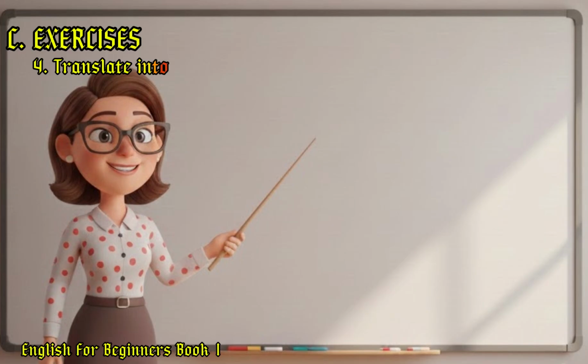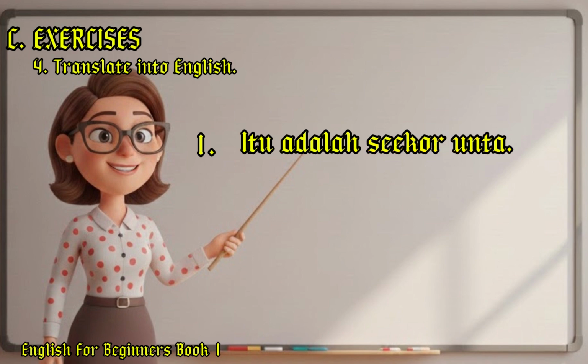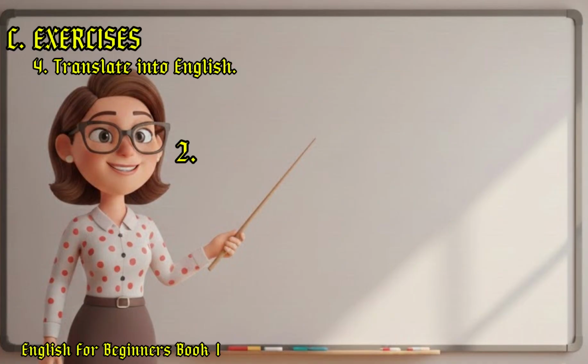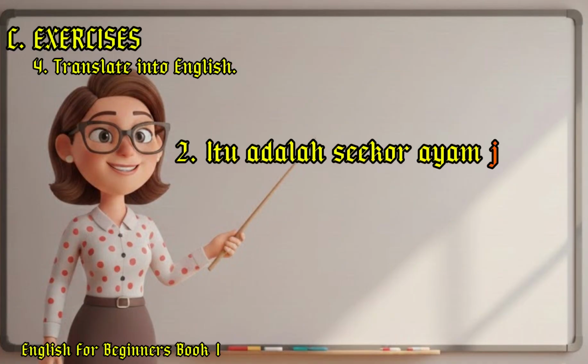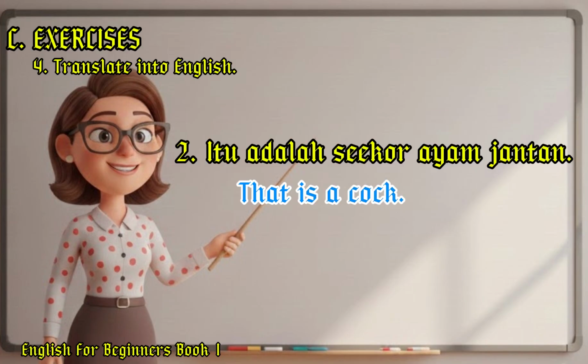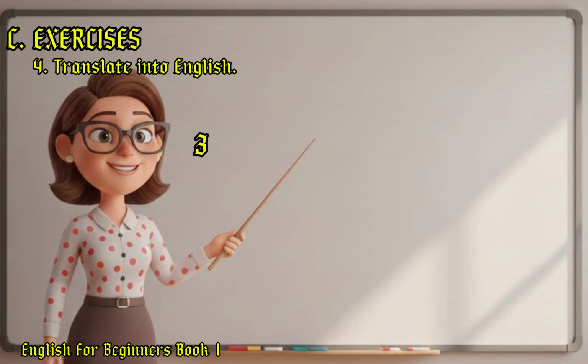4. Translate into English. 1. Itu adalah seekor unta. That is a camel. 2. Itu adalah seekor ayam jantan. That is a cock. 3.